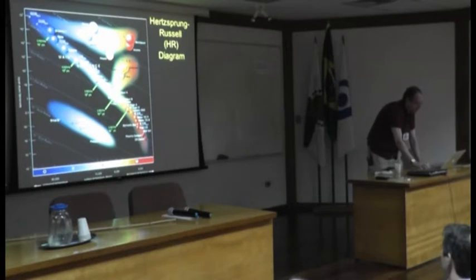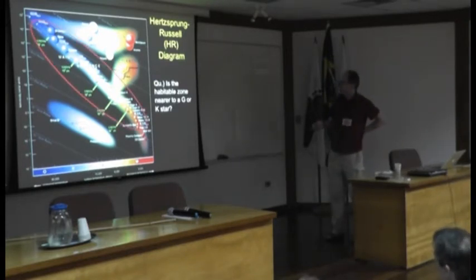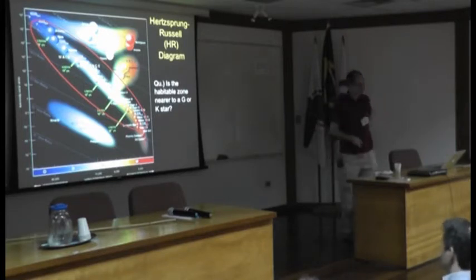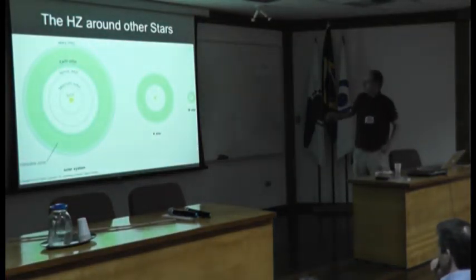So we're usually thinking about stars like our own, the G stars, maybe some F stars, K stars, and M stars for habitable planets. And of course, the habitable zone will move inwards for a cooler star. So here it is for a mid-K star, and here it is for a mid-M star.